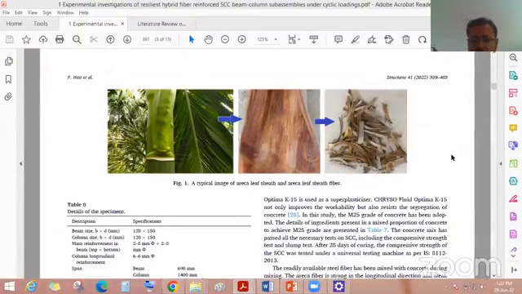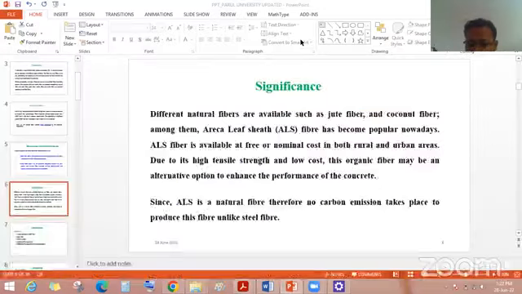Here first the Areca leaf is collected from the forest or from any garden, and they are dried, or naturally they are dried, and they are also cut into pieces at certain dimension, and they are mixed in the concrete. How the procedure will be done one by one, I'll discuss now.